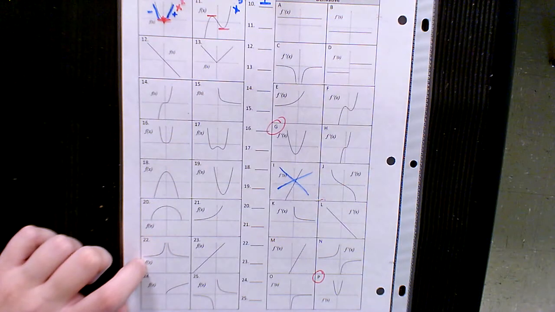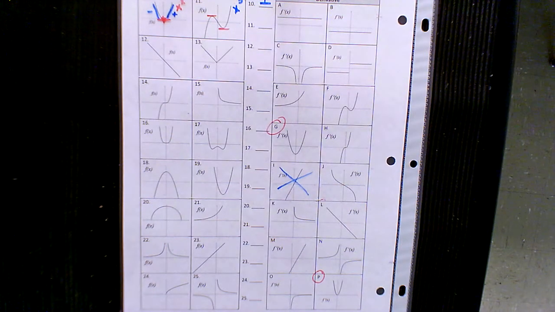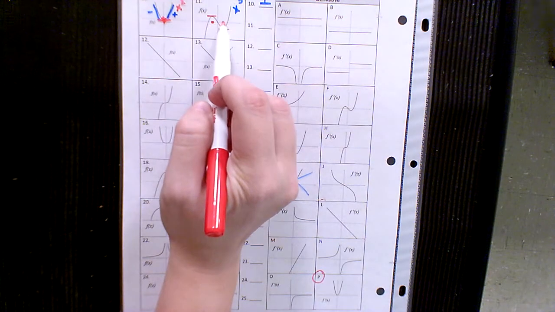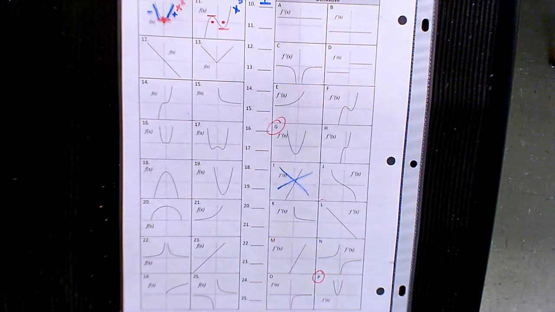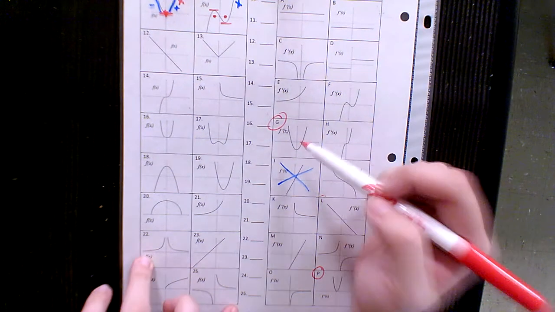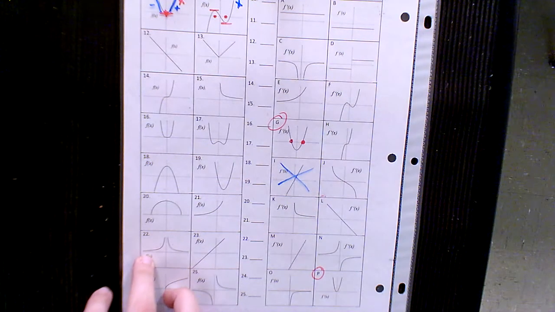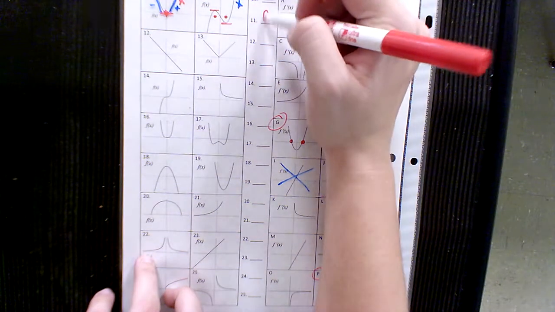We have two maxes and mins, so that means we need two x-intercepts on the derivative graph, one on the left and one on the right. And between our options, it looks like G is the only one that fits that concept, right? Okay, so it looks like 11 has to be G.